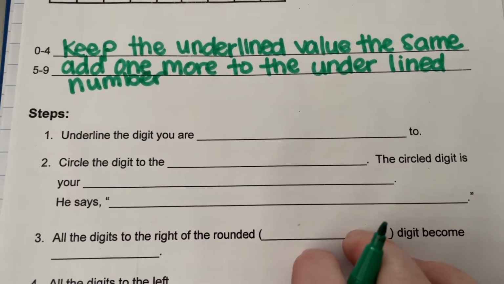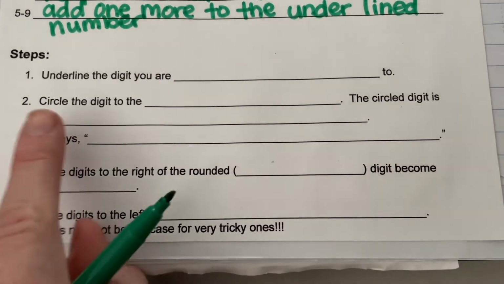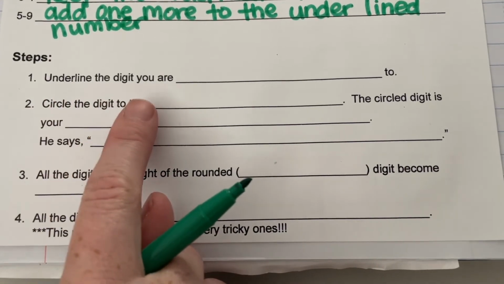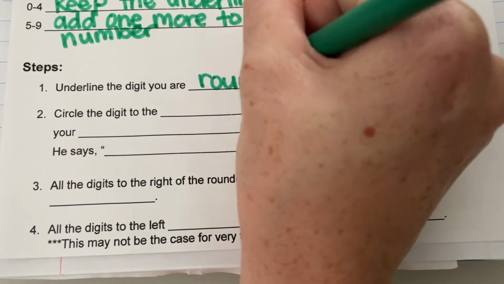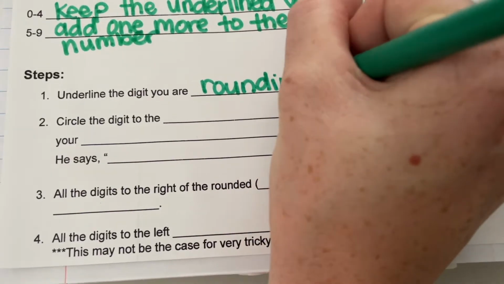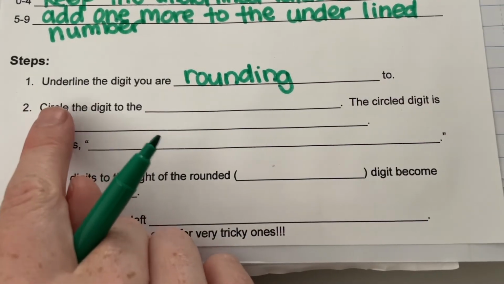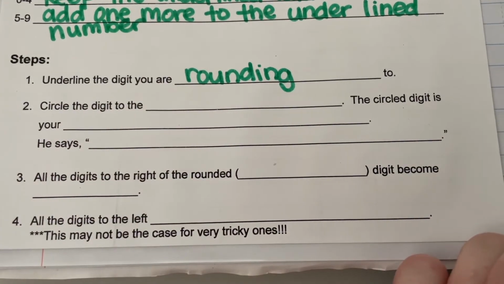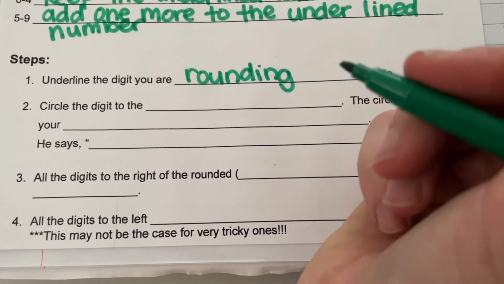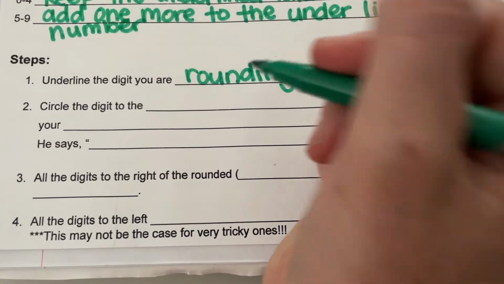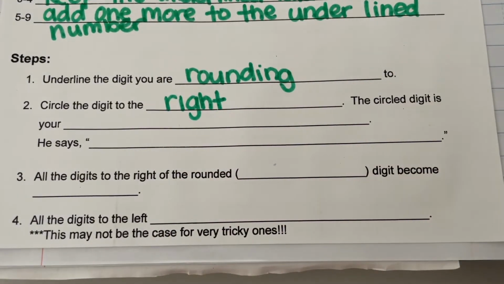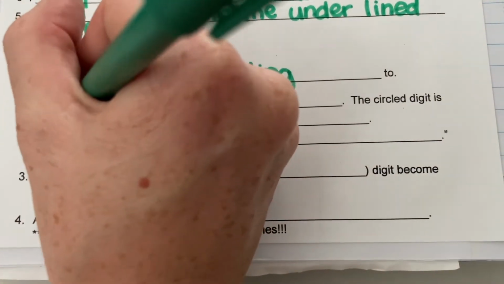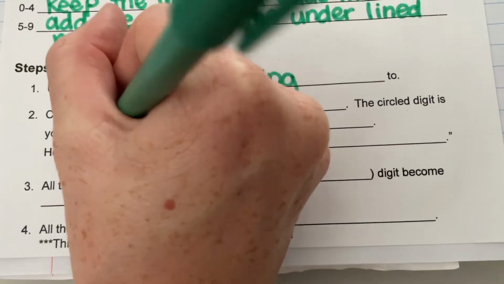5 to 9, they're going to go up, so they're going to round up. Now we're going to do our steps. Our first step says underline the digit you are rounding to. Step number 2 is you're going to circle the digit to the right. The circled digit is the bossy neighbor.